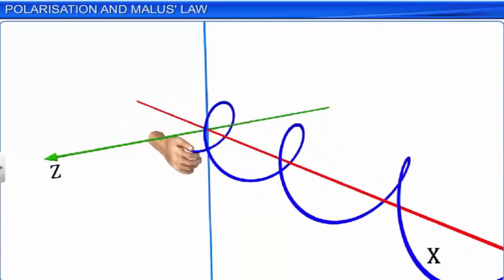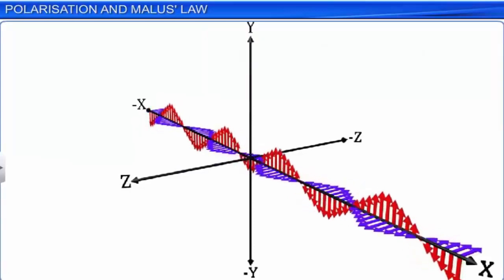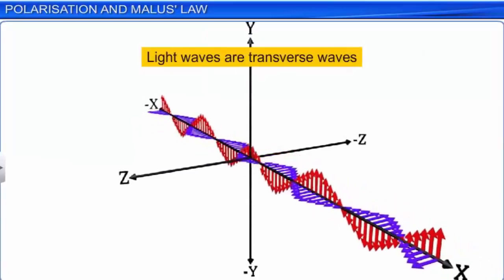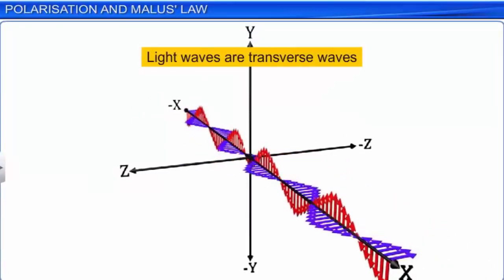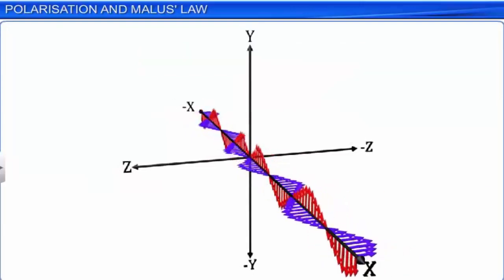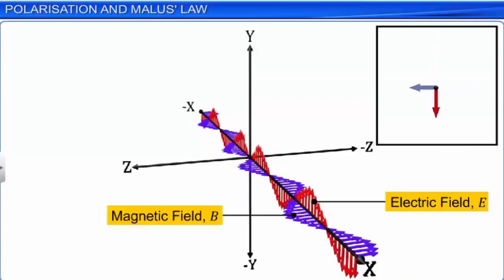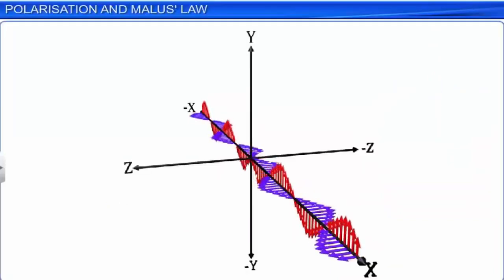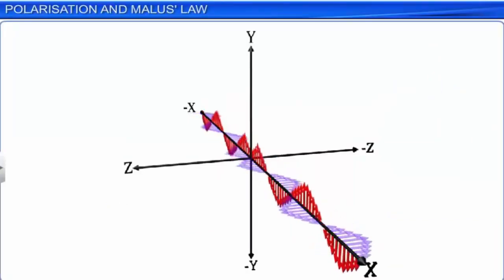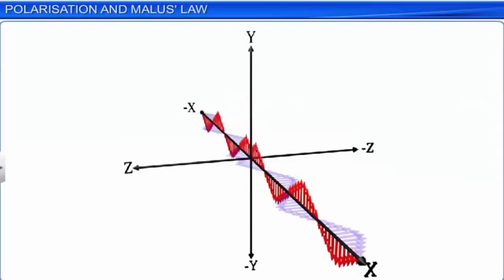Now let us study light waves. Light waves, which are electromagnetic waves, are transverse waves, with the electric and the magnetic fields oscillating perpendicular to each other and to the direction of propagation. In the case of light waves, the direction of the electric field E is the direction of the polarization of the wave.